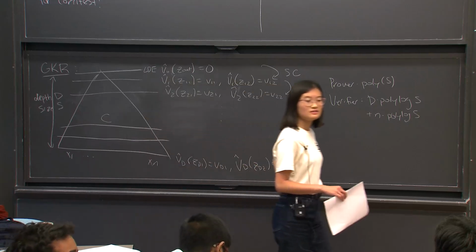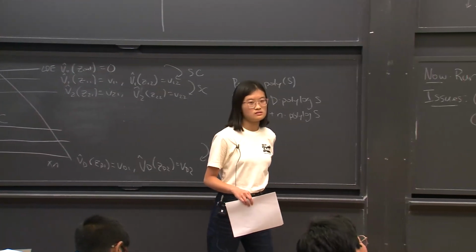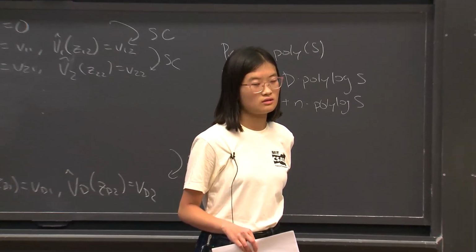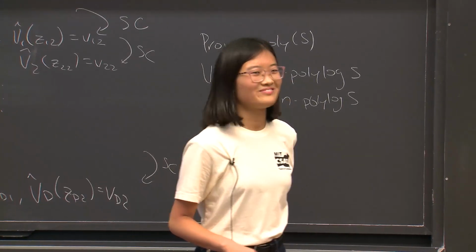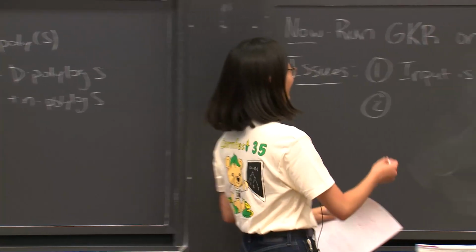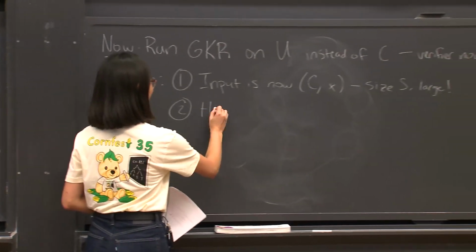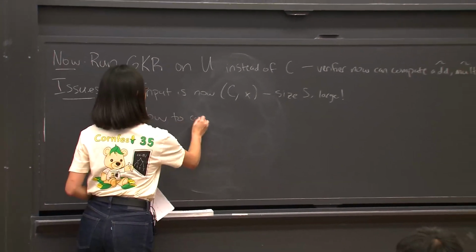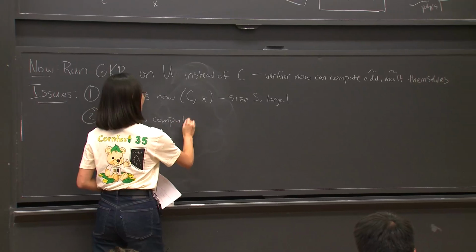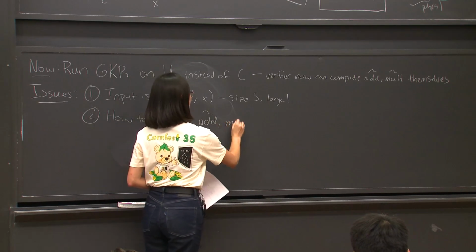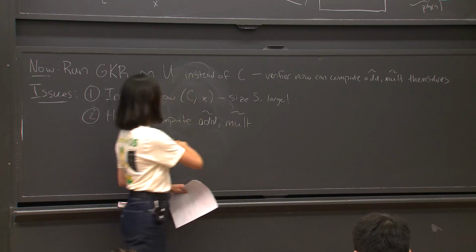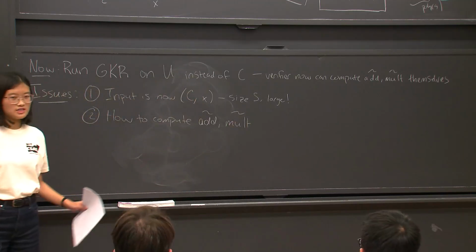Sorry, I just have a question. Before even the issues, is it obvious the verifier can compute add and multi tilde, given that you can compute phi add? The question is how do you compute the low degree extensions of add and mult.